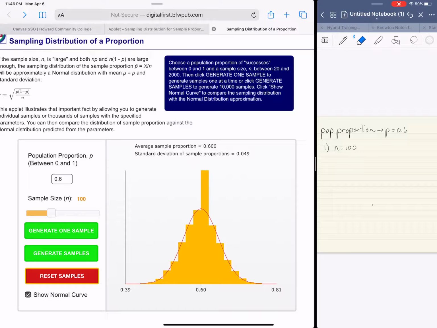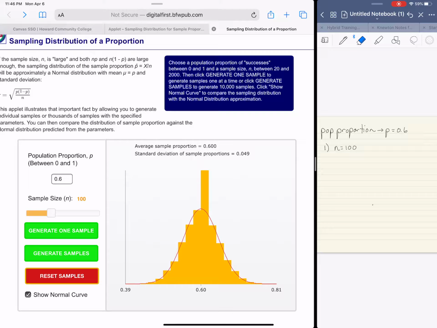And that the average of the sample proportions gave me the population proportion of 0.6. So what does this tell me? This tells me that if I take a lot of samples, even though those sample proportions might not equal the population proportion, the average of all those samples will.